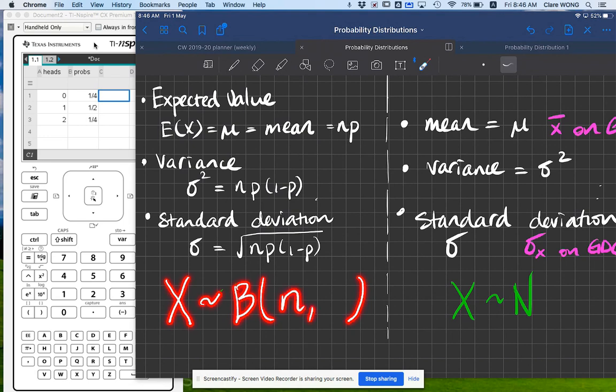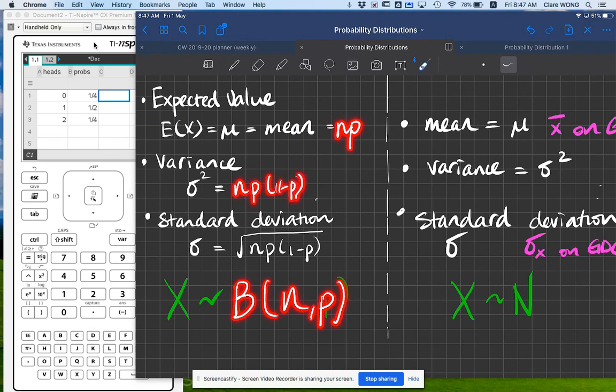So we write down the number of trials and then the probability of success. As you can see, if we are given something like this, we can quickly work out what the expected value is. We can work out what the variance is, and then use it to work out the standard deviation.